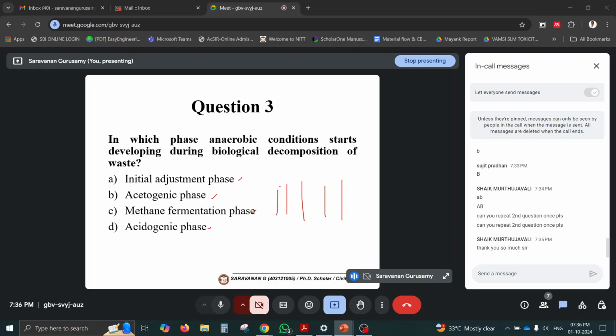In the first aerobic phase, the O2 will get reduced. The initial adjustment phase is the first phase. Second phase is the acidogenesis phase. Here only, this is aerobic. From here onwards, it's anaerobic. So the answer is the acidogenesis phase. Anaerobic condition will start. From acidogenesis to acetomethane, everything will be anaerobic.